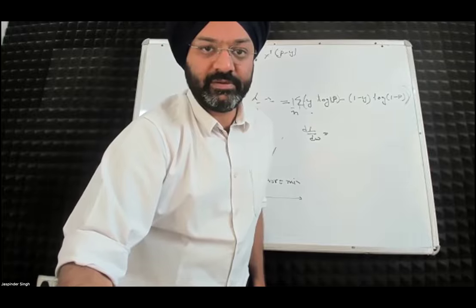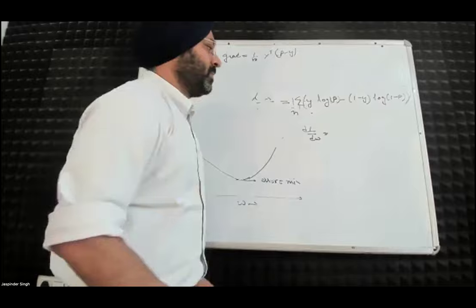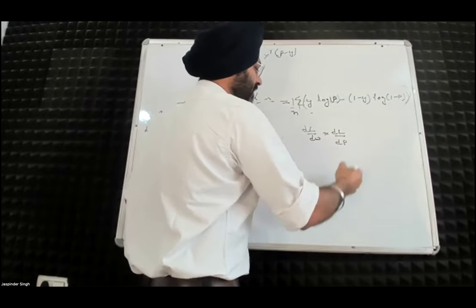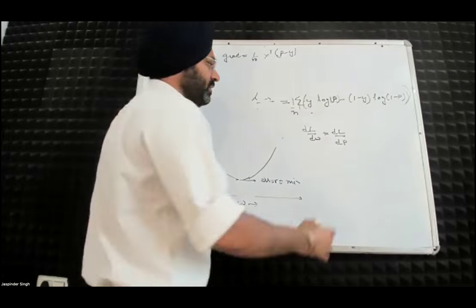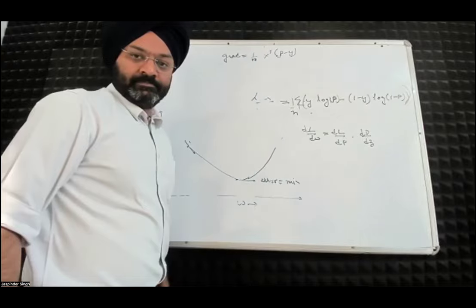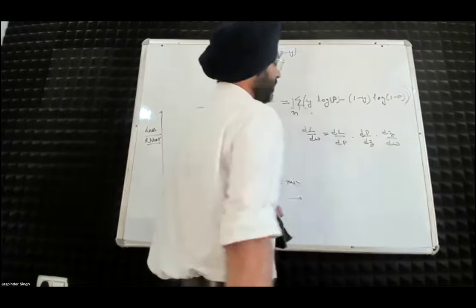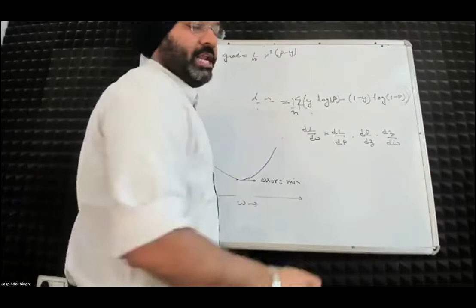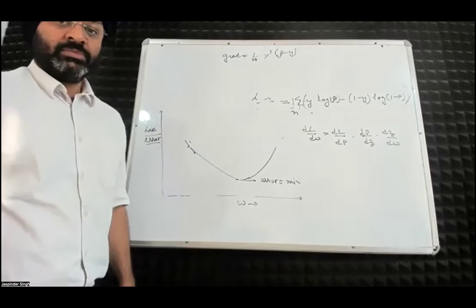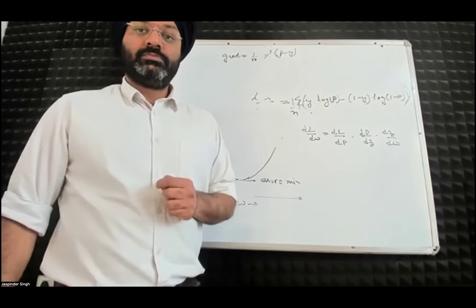Now comes the derivation. I can use the chain rule and define it like this: dl by dp into dp by dz into dz by dw. This is nothing but the chain rule for dl by dw. If I am able to figure out these three terms, then I am able to figure out the gradient dl by dw. Make sense?